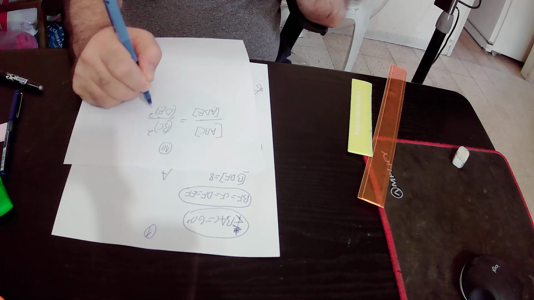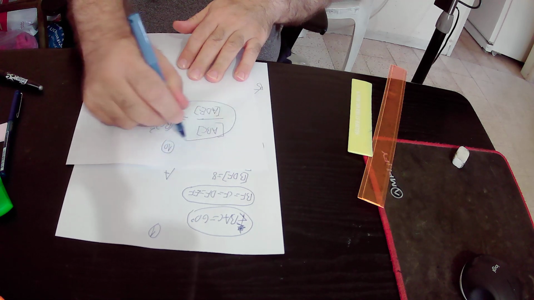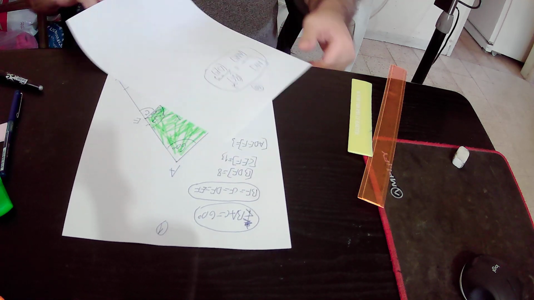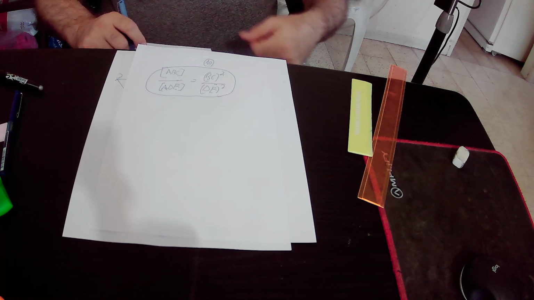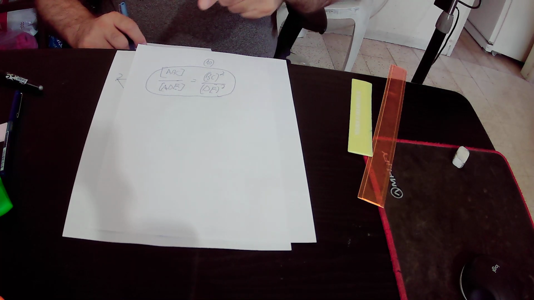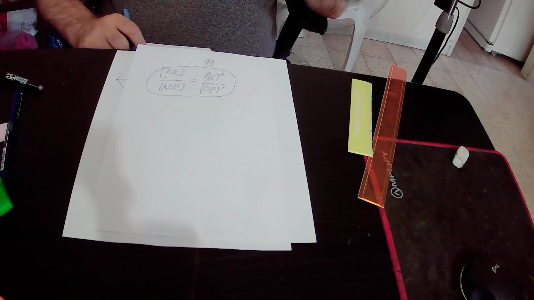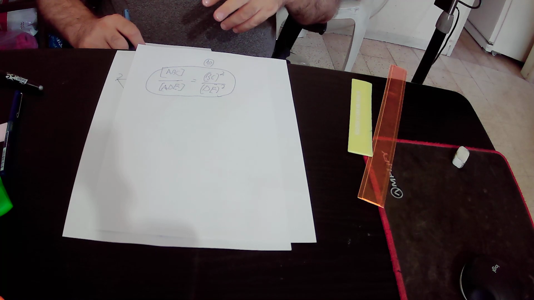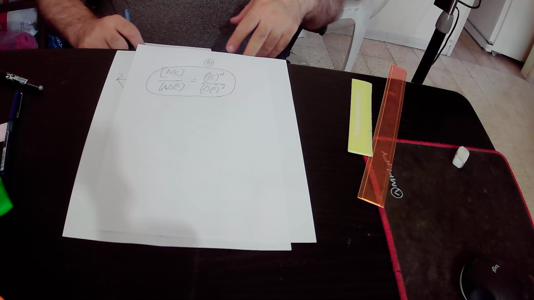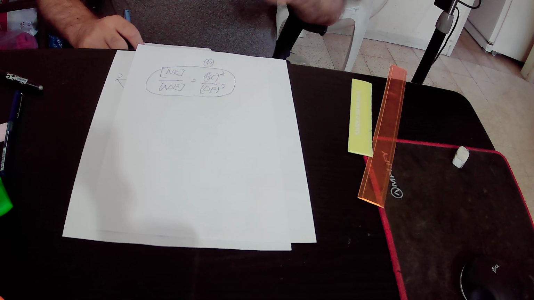Again, the ratio between the areas of the two similar triangles, triangle ABC and triangle ADE, is equal to the square ratio of the corresponding sides, that is, BC square over DE square, because BC and DE are the corresponding sides.